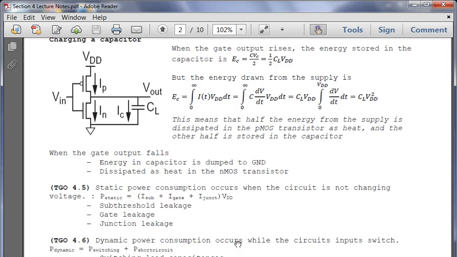So we're going to be switching transistors, but then we're also going to be having a very brief short circuit between transistors and the output. And that's why we define short circuit current as the current in a CMOS circuit during the brief instance where both the PMOS and NMOS transistors are on simultaneously.